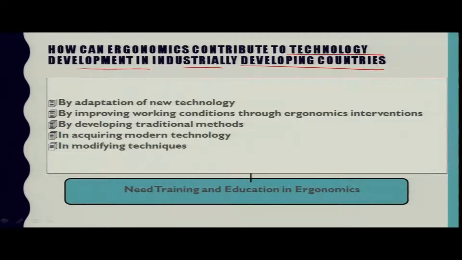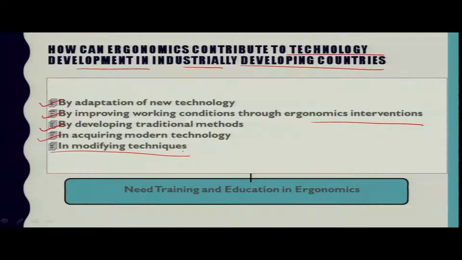This can be achieved by adaptation of new technology which is already present in Western countries, and by improving working conditions through ergonomic interventions. It can also be done by developing traditional methods in acquiring modern technology and also in modifying existing techniques.